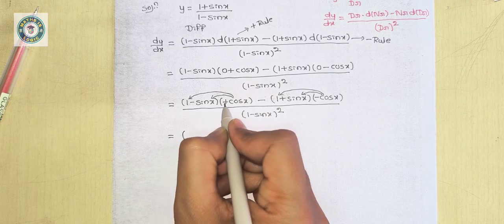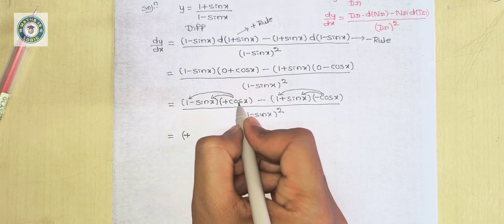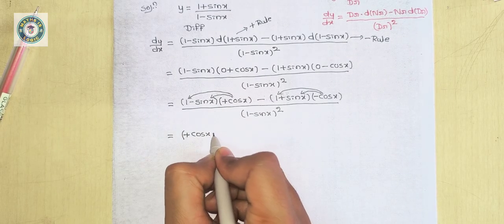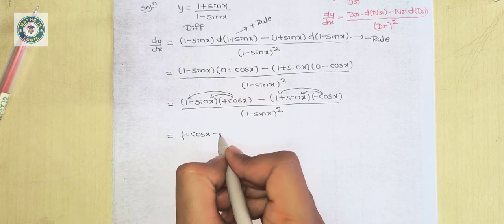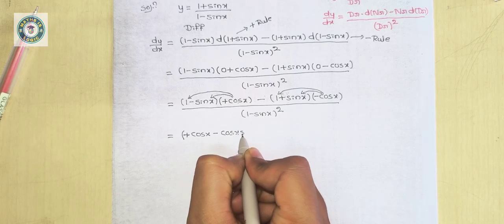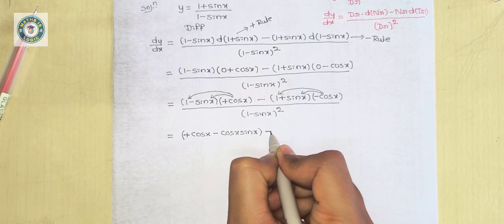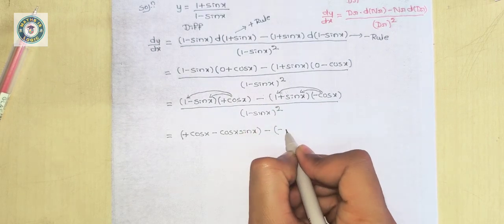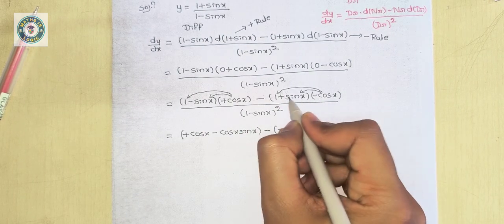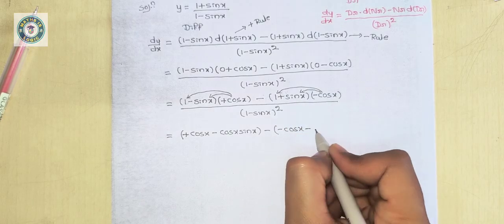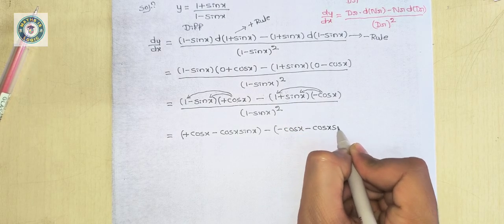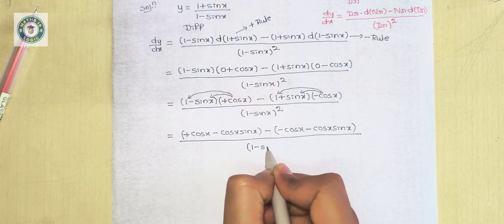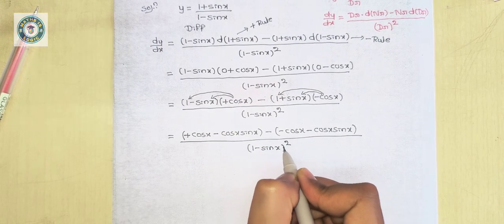Therefore in bracket, plus into plus is plus, cos x into 1 is cos x, plus into minus is minus, cos x into sin x is cos x sin x. Next, minus into plus is minus, cos x into 1 is cos x, minus into minus is plus, cos x into sin x is cos x sin x, divided by again 1 minus sin x whole bracket square.